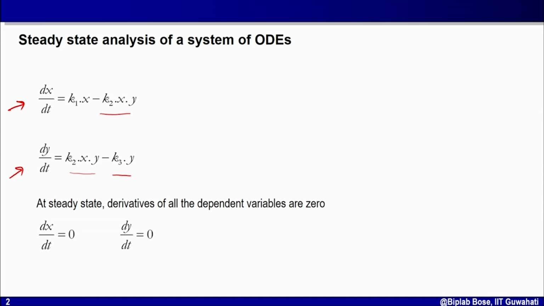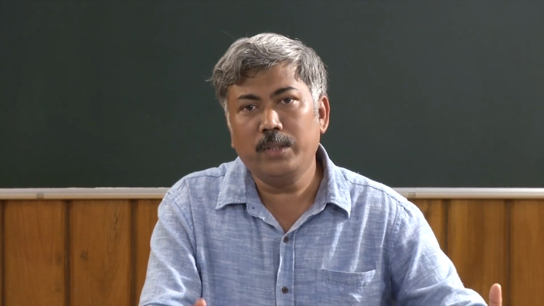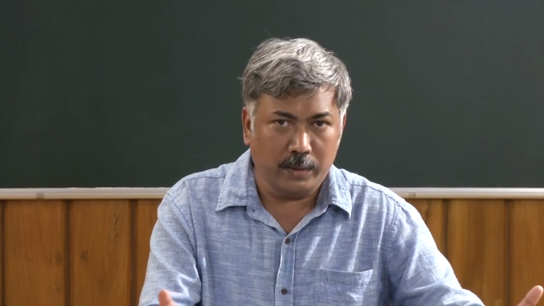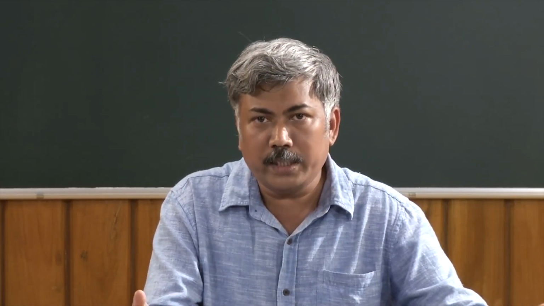Now how do we define the steady state for this system? For a single ODE, steady state is the value of x, the dependent variable, for which its derivative is 0. So if you give me an ODE, dx/dt is a function of x and t, then I make dx/dt equal to 0 and identify algebraically the value of x for which dx/dt will be 0.